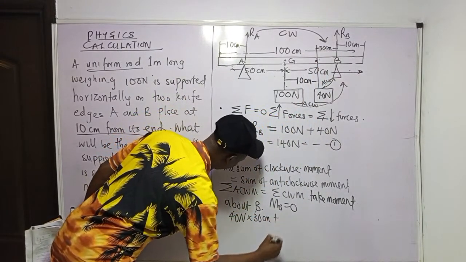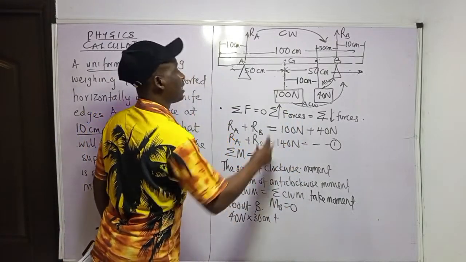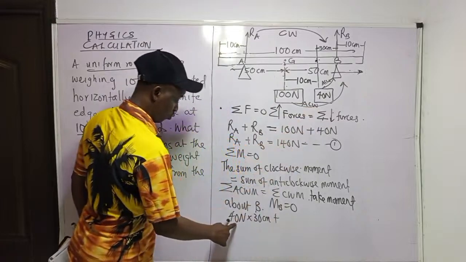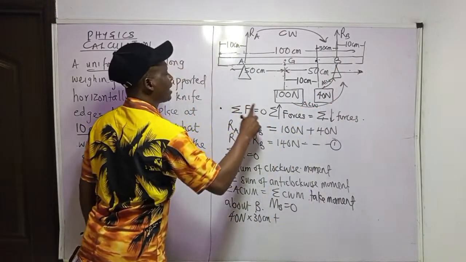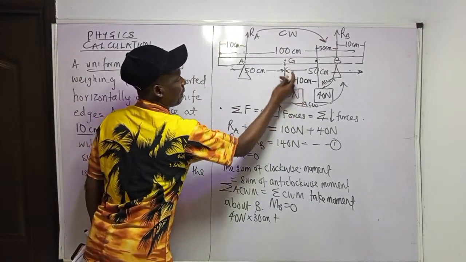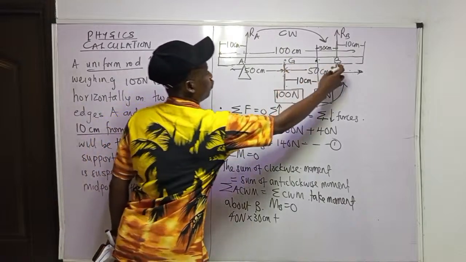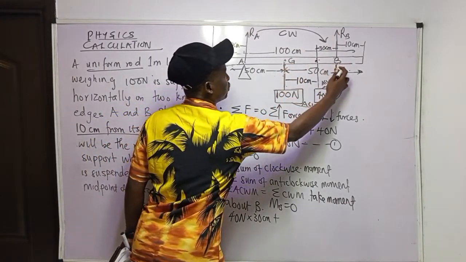You need to convert to meters, but just leave it like that. Then the anti-clockwise: 40 times 30. Another anti-clockwise is the 100. What is the perpendicular distance of this 100 to the point where we are taking moment about? From here to here should be 40.